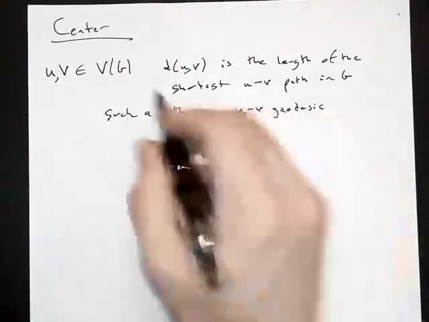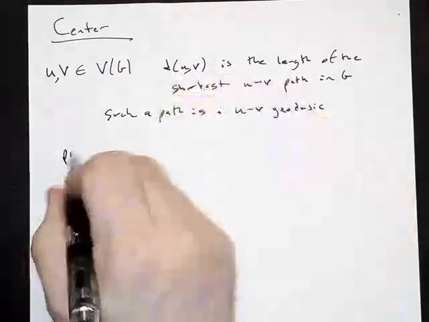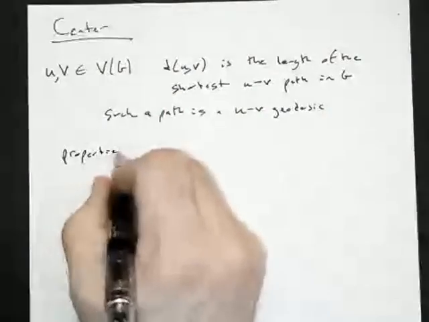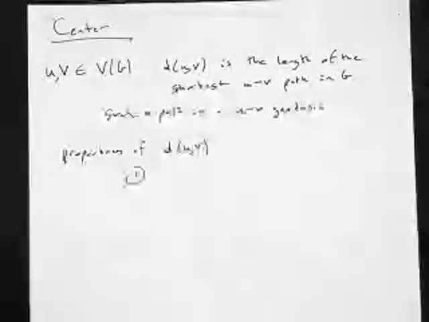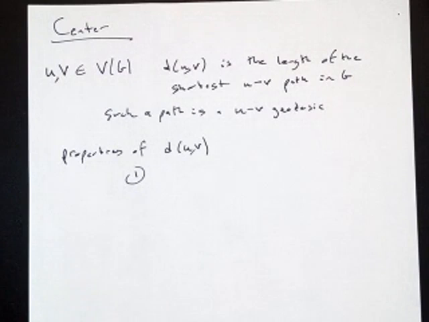What do you know about the distances? What are the properties of this? I'm back in chapter 1. And this is like page 14, 15, somewhere in that beginning part of the book.